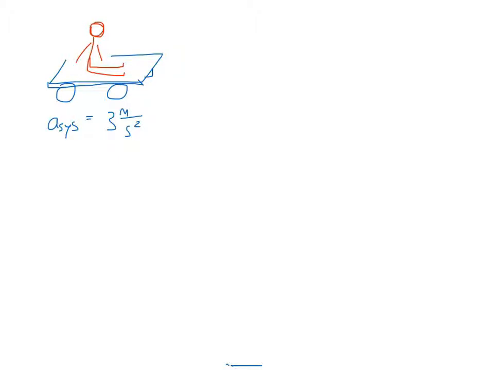In order to know what force is being applied, you would have to know the mass of the whole system, such that if you applied that force to that whole mass, you would get that acceleration. But here you're applying the force to the wagon. What is causing you to move?